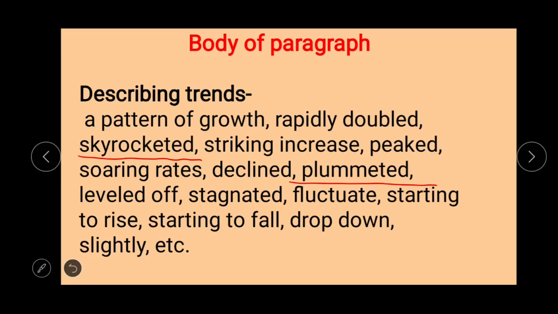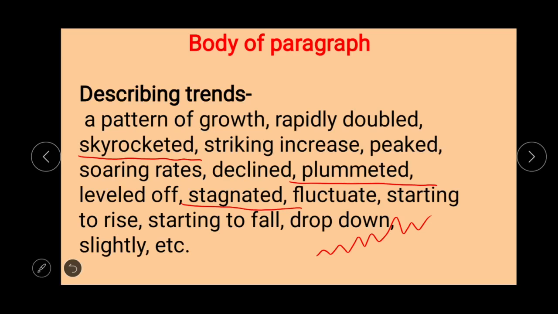Leveled off means stable. No rise, no fall. Stagnated means also stable, constant. We use all these words. Then fluctuate. When you see this type of structure, it is raising, falling.